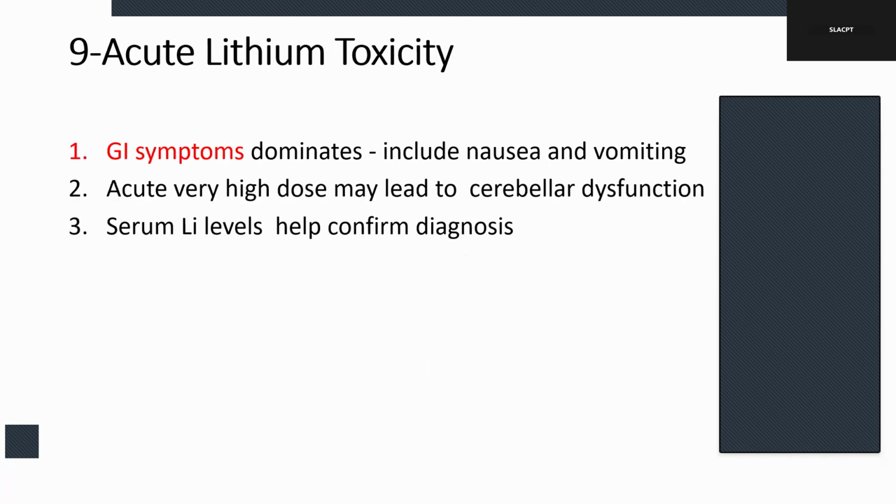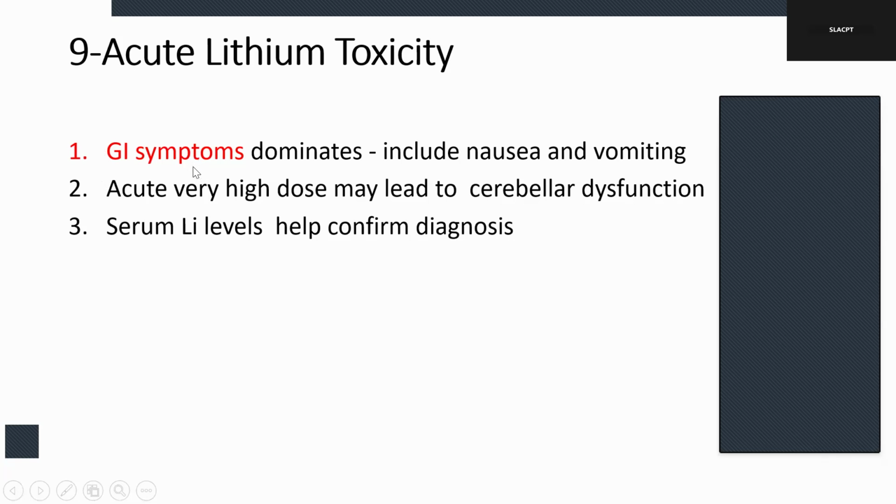A few words about lithium toxicity. First, acute lithium toxicity. This usually happens when a patient has freshly taken lithium belonging to another family member, especially the mother or father. So the patient is not a long-term lithium taker.